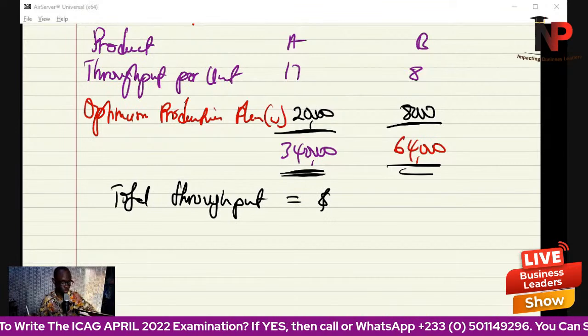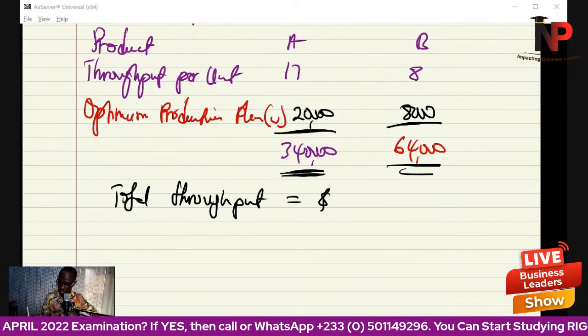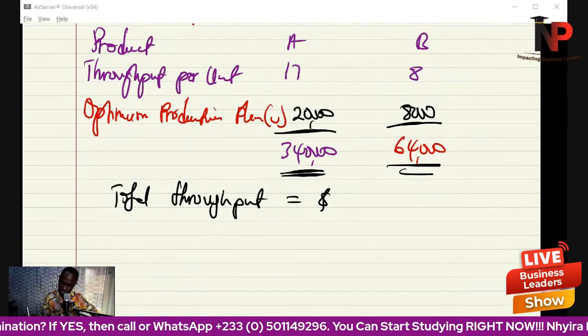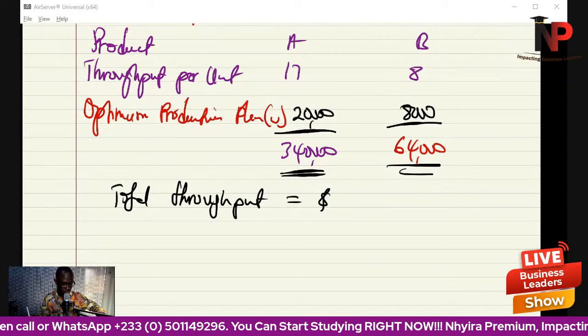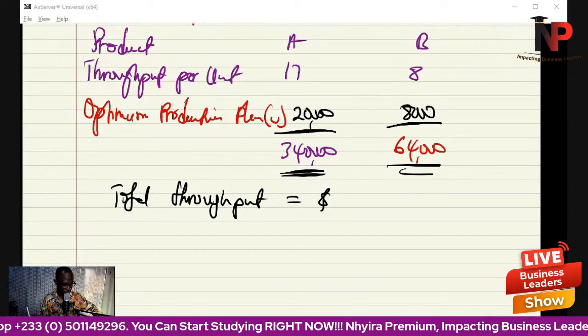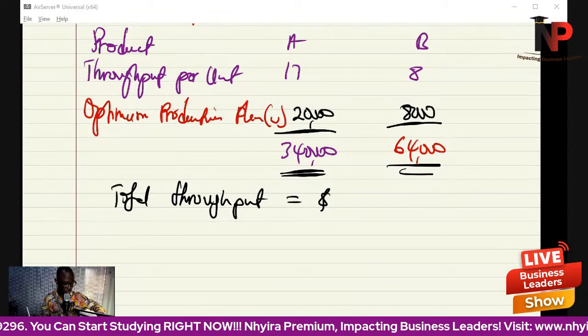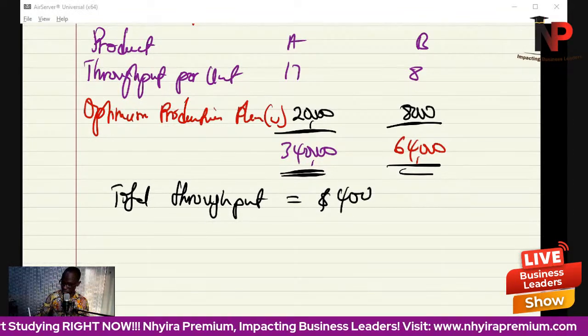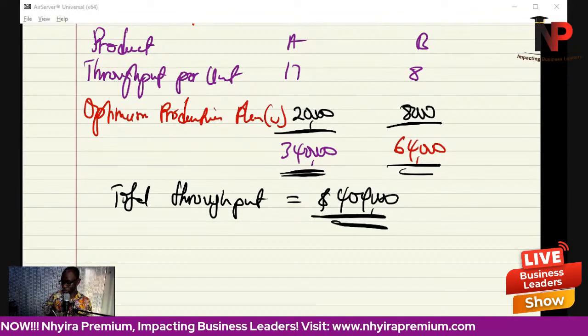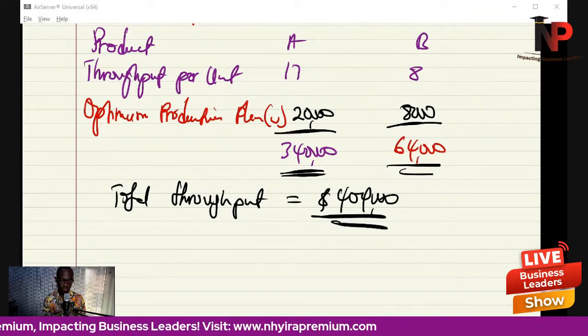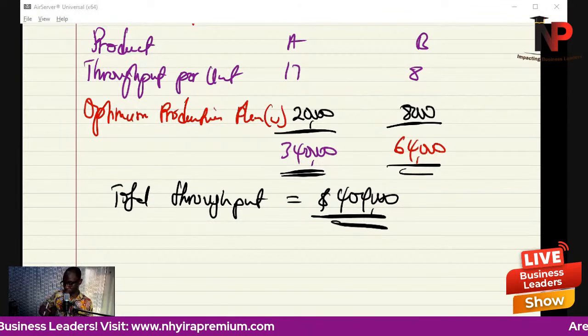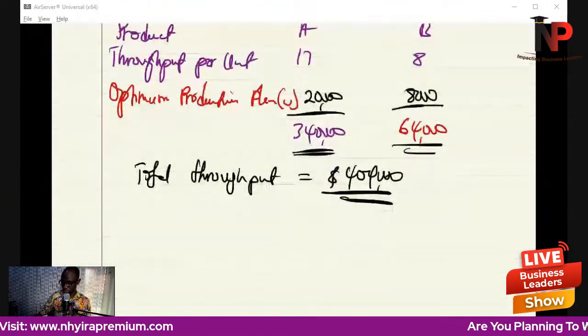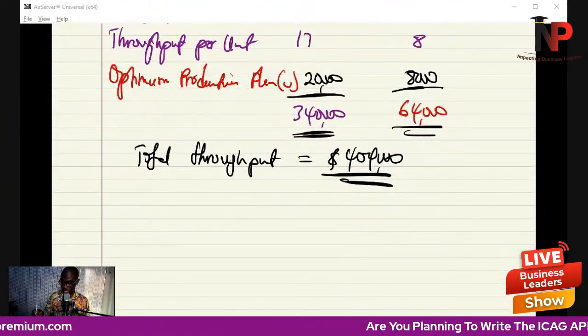So you add the two up to give us the total throughput. So our total throughput, 340 plus 64, that will be 404 if my memory serves me right. So 404,000. Sounds good? So that is the total throughput. But that's not what we are interested in.